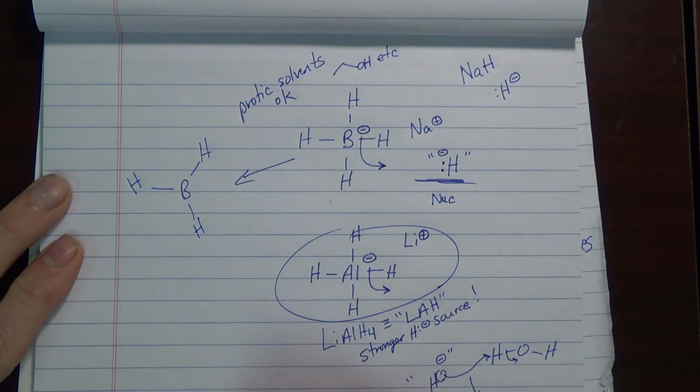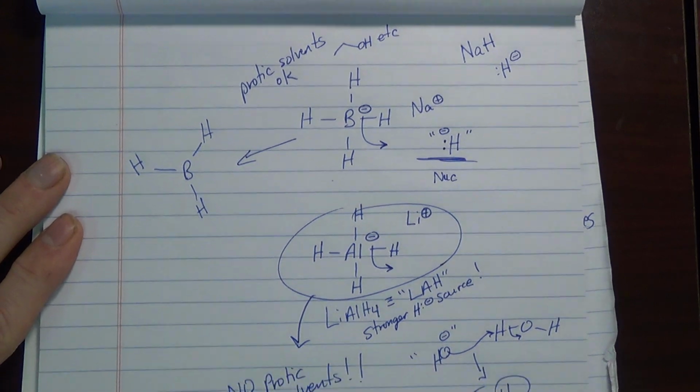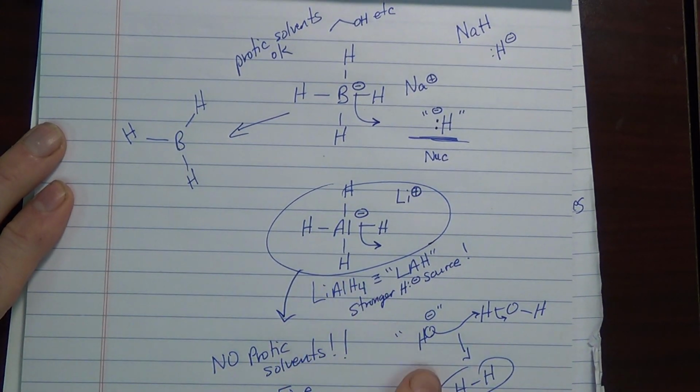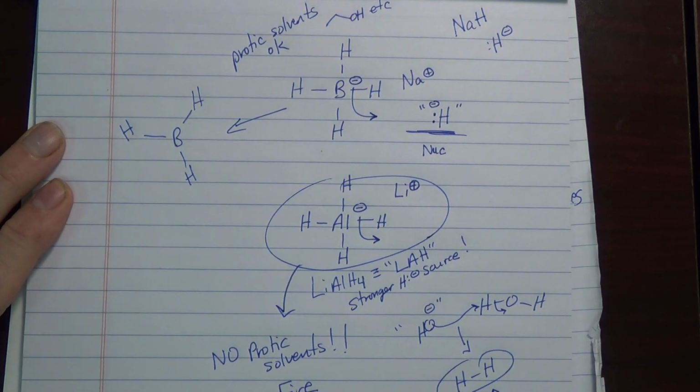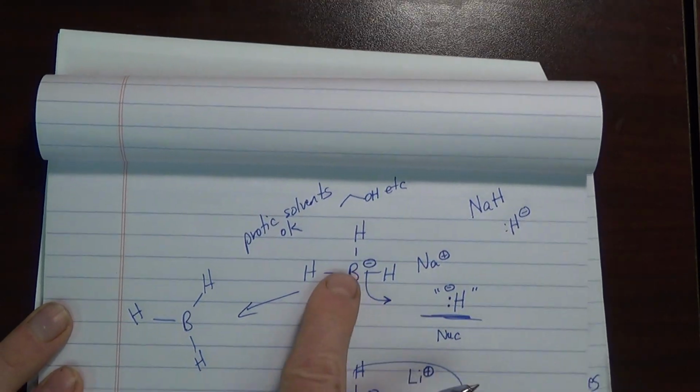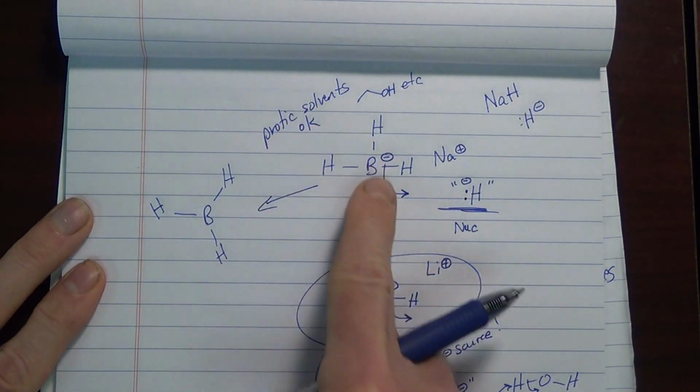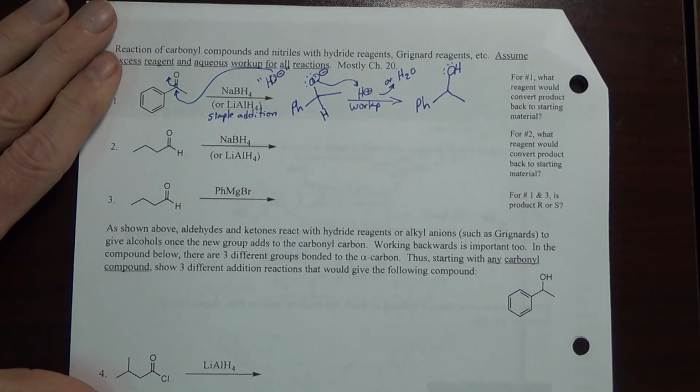If you use LAH, no protic solvents. You will have a fire because the hydride will take the H of a protic solvent, make hydrogen, and it will likely ignite. But sodium borohydride will not do that. You won't have any practical problem. Okay?